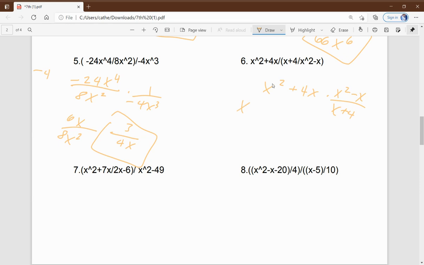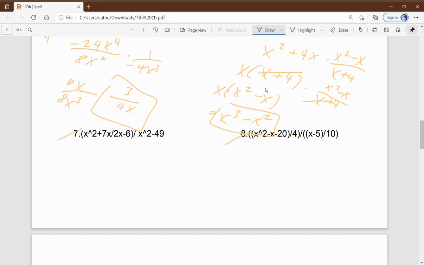Just factor, I guess. x plus 4, and then x plus 4, x squared minus x. So this will cancel out. So you just get x multiplied by x squared minus x, which results in x cubed minus x squared.